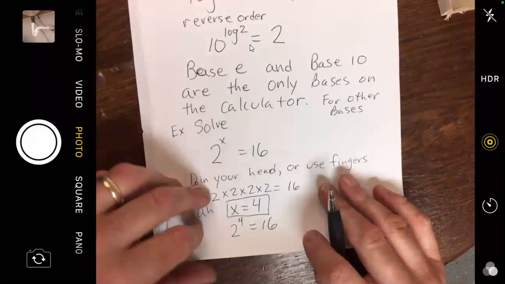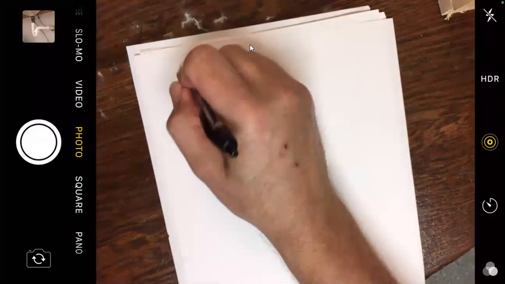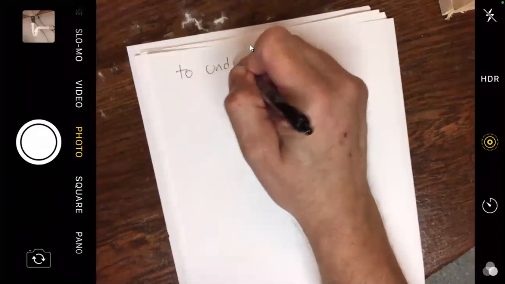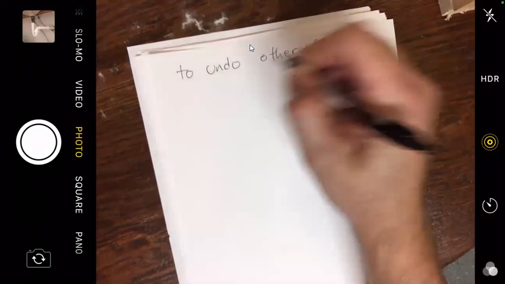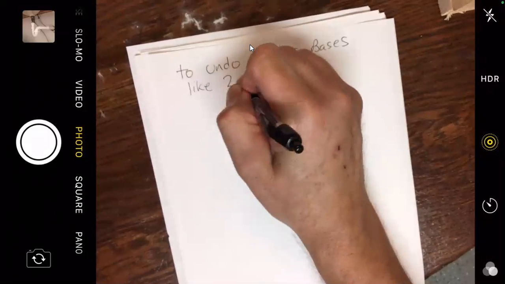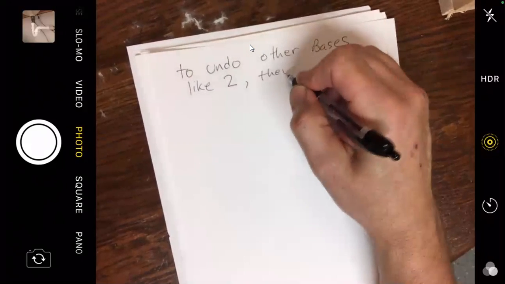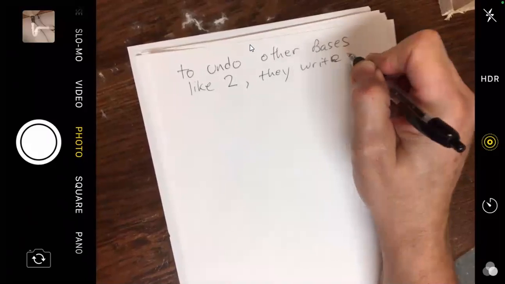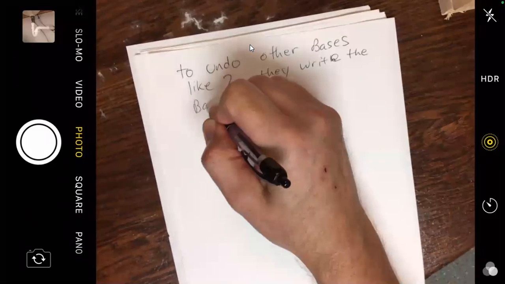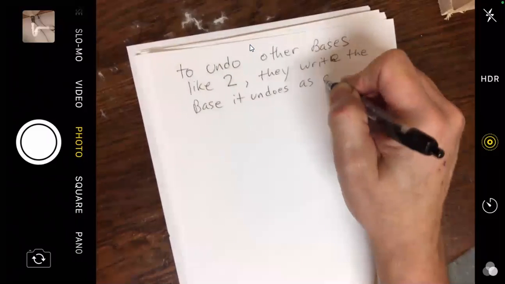Now, to undo other bases, like 2, they write the base it undoes as a subscript.